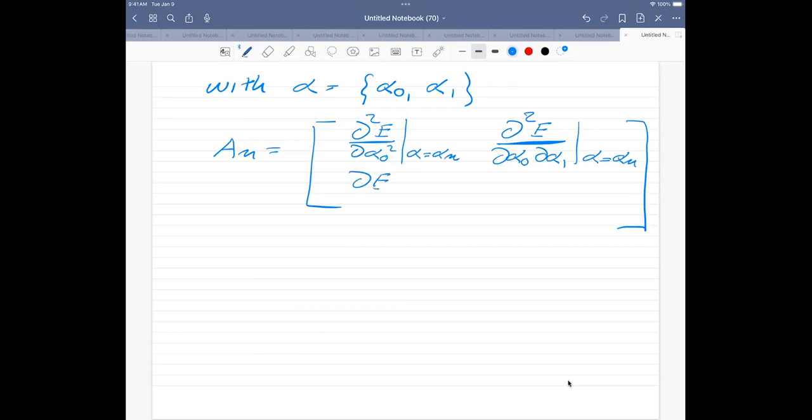Then I have the second derivative here, d alpha 1 d alpha 0, again evaluated at this term. And finally, I have d squared E over d alpha 1 squared, evaluated. And just keep in mind that I'm a little bit sloppy with the notation. So alpha is a vector now containing two elements, evaluated at iteration n.